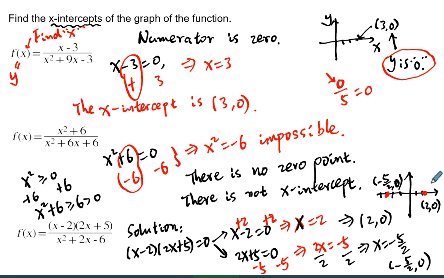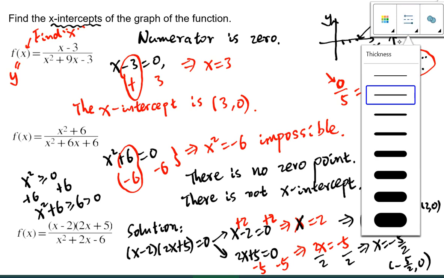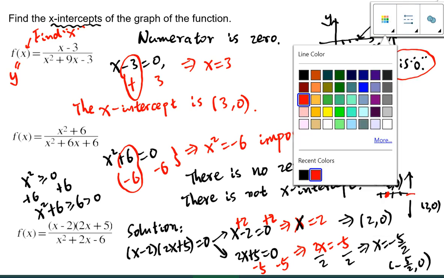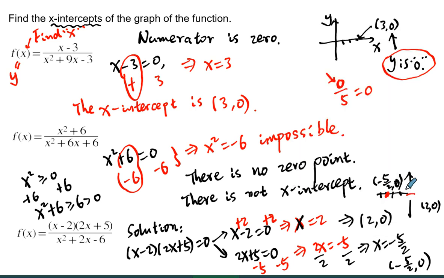Let me draw a little bit nicer. So let me erase that, and then put it back. We need black. So 1, 2, gray.